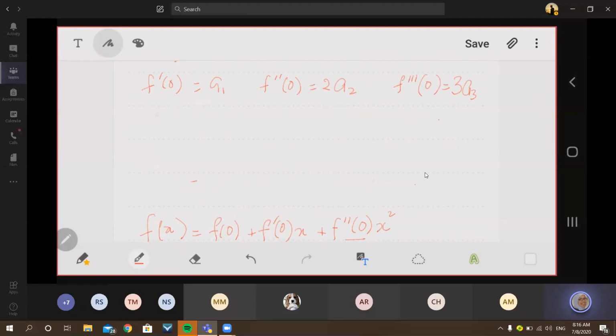So a2 is equal to f double prime divided by 2, isn't it? So a3 is equal to f triple prime of 0 divided by 3.